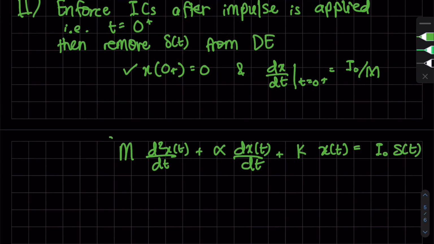Now what if we integrate all the sides on this narrow interval minus epsilon to epsilon, an infinitesimally narrow interval about 0? That's where the delta drive starts acting.